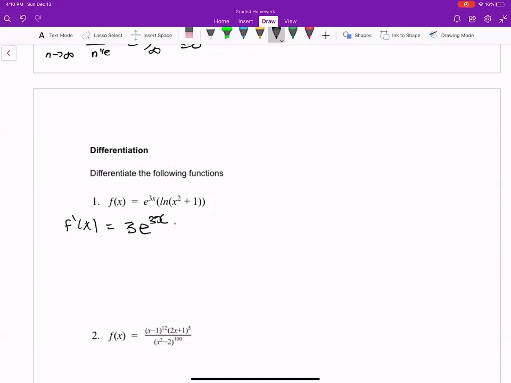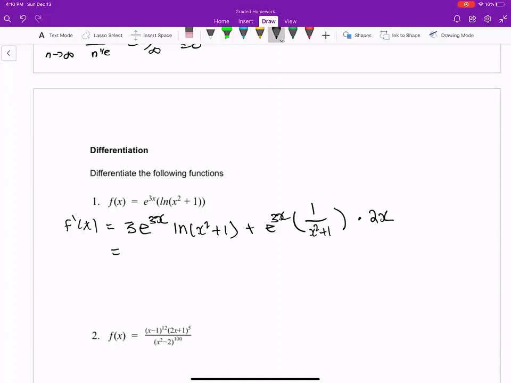Then we write the second term. In case you want a refresher, yeah. So that, and then plus we write the first term, and now we derive the second term. Remember, the derivative of ln, like my partner said, is 1 over that value, x squared plus 1, times the derivative of that value, times 2x.